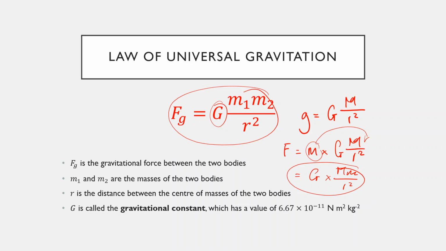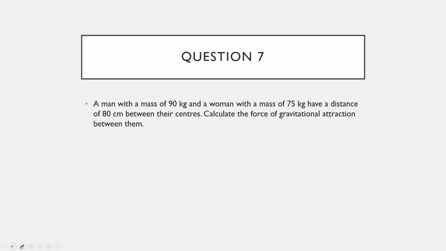Because you've got to remember Newton's third law: if one object pulls on another object with some force, then the second object also pulls on the first one with the same force. So it doesn't matter what order you multiply those masses, the force between them is going to be the same.